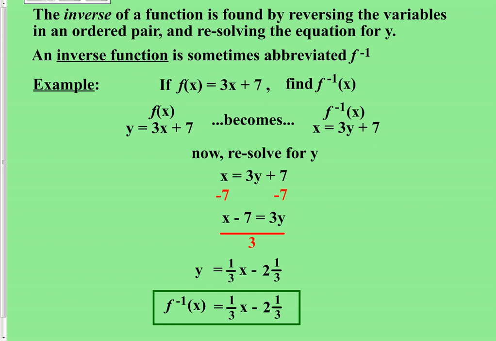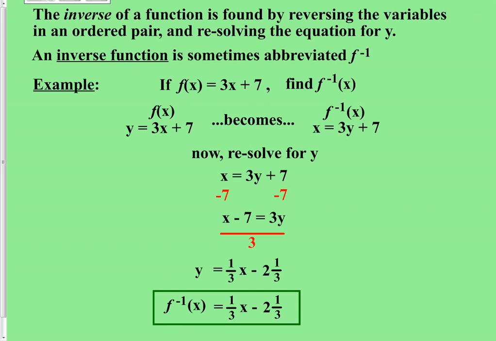It's really a very simple concept. Anytime you need to find the inverse of an equation and you already have the equation, simply take x and turn it into y, and take y and turn it into x. Probably you had y isolated before you did this. Now it is not isolated anymore because it just changed places with x.